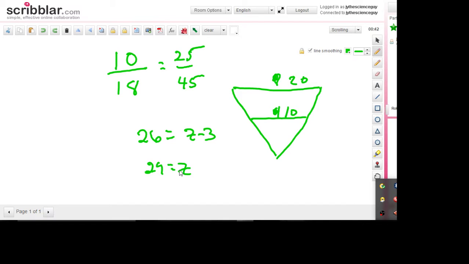Determine whether the two triangles are similar below. Okay, well, take a ratio and see if the ratio is the same for both of them. What's the smallest number? 10. 10 over 20.